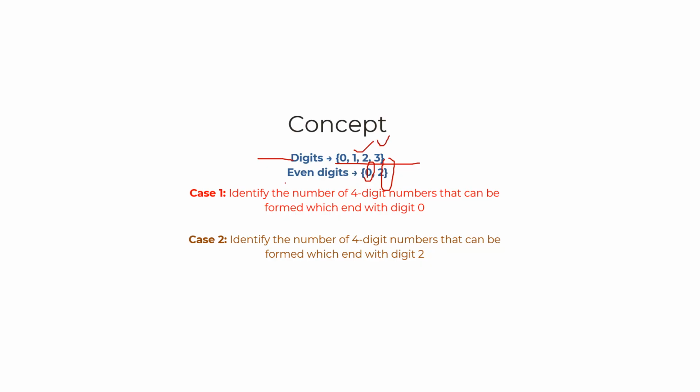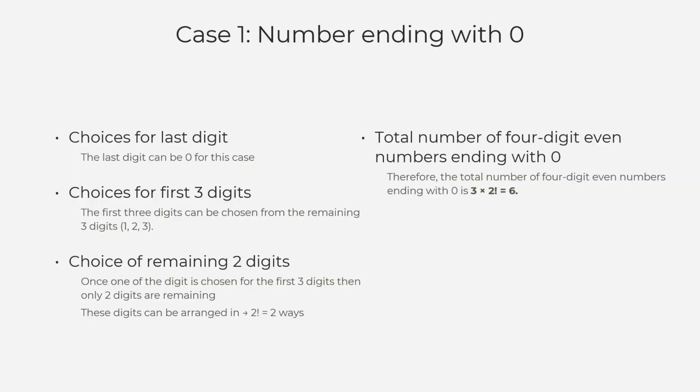So whatever 4-digit number we are forming should be ending with 0 or 2 only. Hence we can divide this problem into two cases. In the first case, we identify how many 4-digit numbers can be formed which are ending with digit 0, and similarly how many 4-digit numbers can be formed which are ending with digit 2. So let us check out what will be the solution.